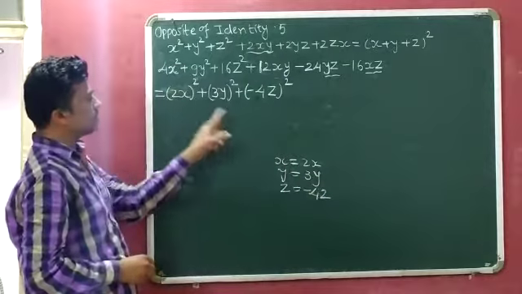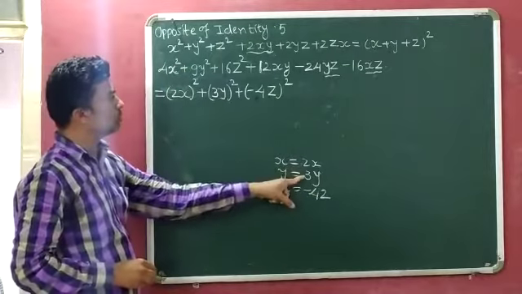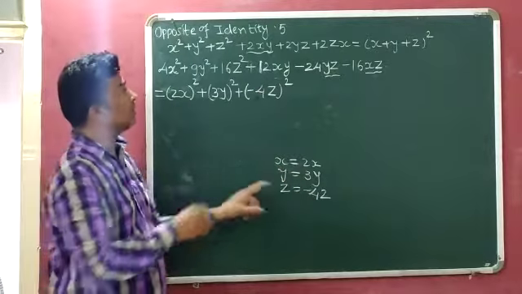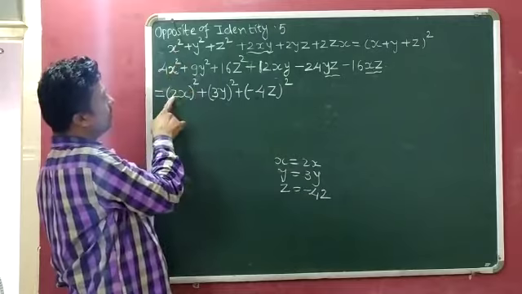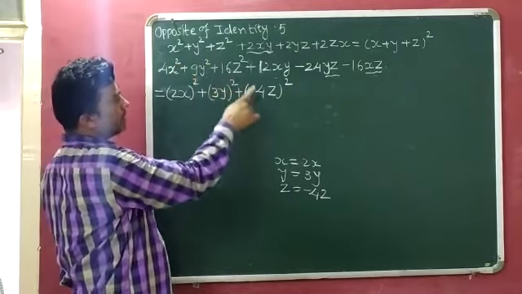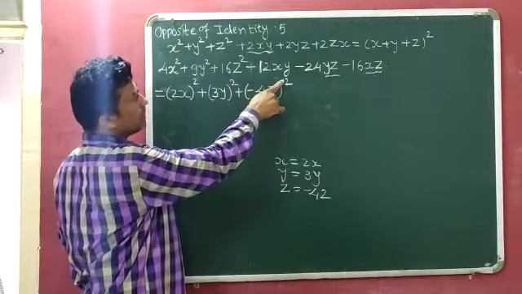So see children, x square we have written as 2x square, y square we have written as 3y square, and z square we have written as minus 4z square.